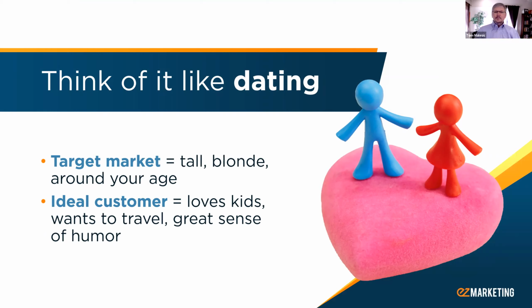So the ideal customer is the more detailed, feely, touchy part of figuring out who your customer is. So it goes beyond that I just like tall blondes, and actually I don't, I like short brunettes, but the target market is the bigger picture, and the ideal customer is more of the feel-good connection piece of who that customer is for you.